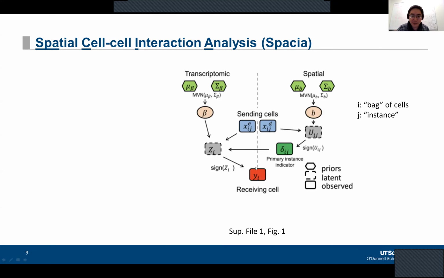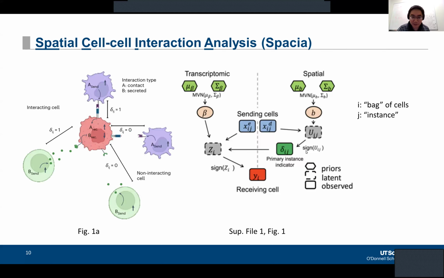That information is then combined with the transcriptomic data to together estimate if there is an interaction happening. And the interesting thing about our model is that because we use a Bayesian method, we sample these coefficients from non-informative prior distributions, so we can then go back and relatively easily look at the properties of our inferred interactions.